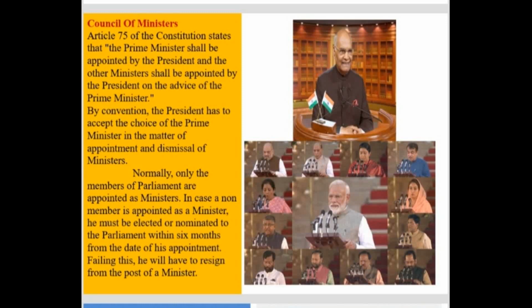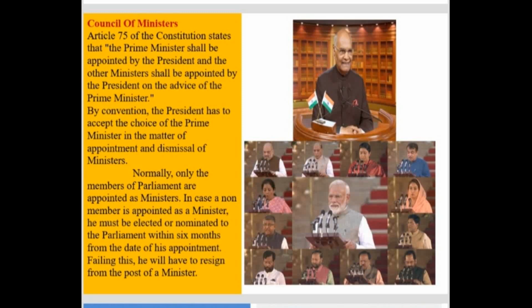So always the Prime Minister is appointed by the President, and even other ministers are also appointed by the President. But what happens here is, before appointing the Council of Ministers, the President must take the advice of, or must depend on the advice of, the Prime Minister.